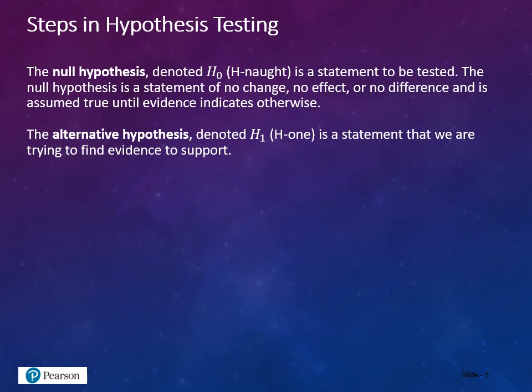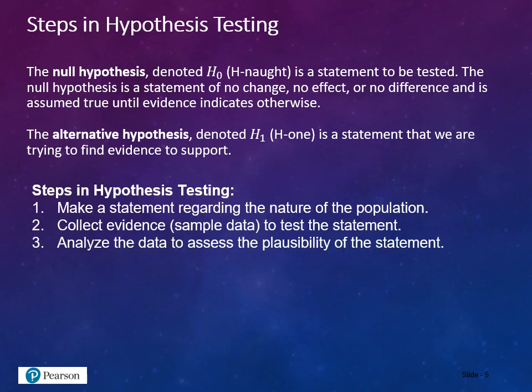The alternative hypothesis, denoted H1, is a statement that we are trying to find evidence to support. The steps in hypothesis testing are: 1, make a statement regarding the nature of the population. 2, collect evidence, sample data, to test the statement. And 3, analyze the data to assess the plausibility of the statement.